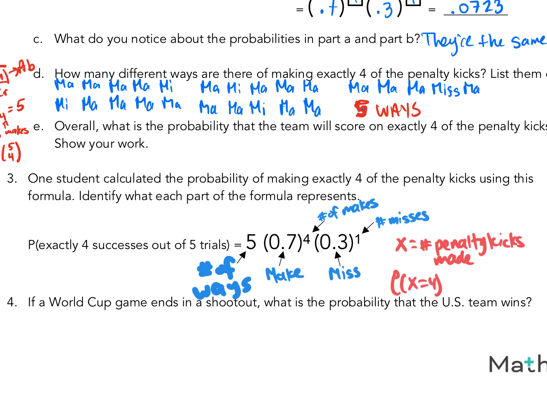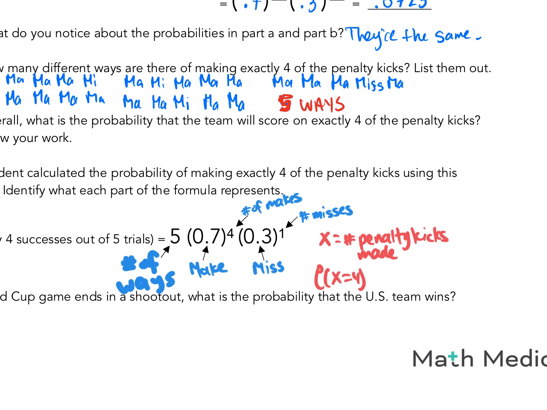Remember, we can use our nCr, which if I wanted to use the calculator, I can. It's under probability. We have 5 total. We want 4. And this is 0.7 to the 4th times 0.3.